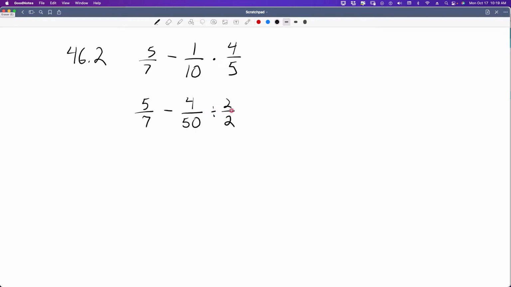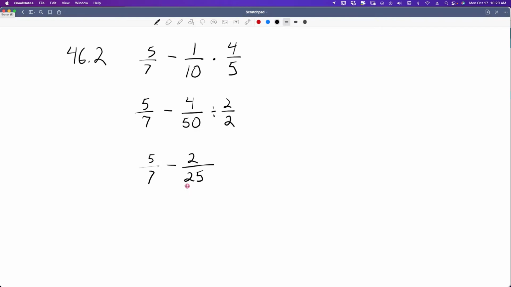And I'm not going to keep it, change it, flip it, because it doesn't matter, right? This is the same number over the same number. So I'm going to go ahead and divide. So 5 over 7 minus 4 divided by 2 is 2, and 50 divided by 2 is 25. Now I have a smaller number to work with, and that's going to be a whole lot easier.